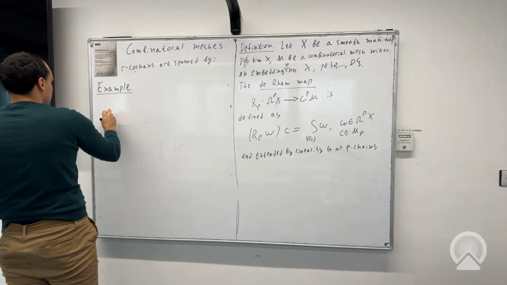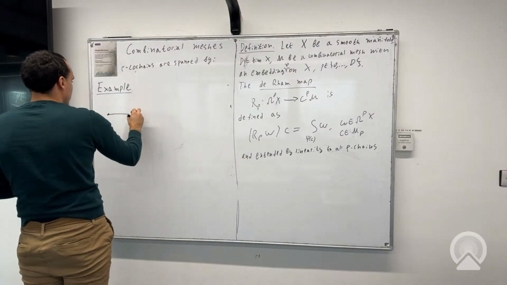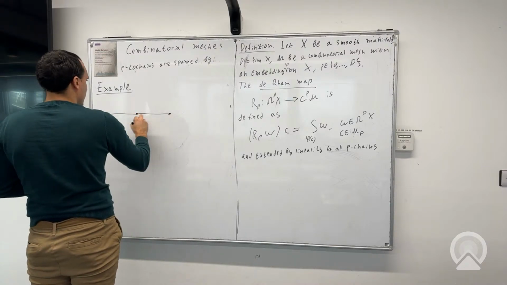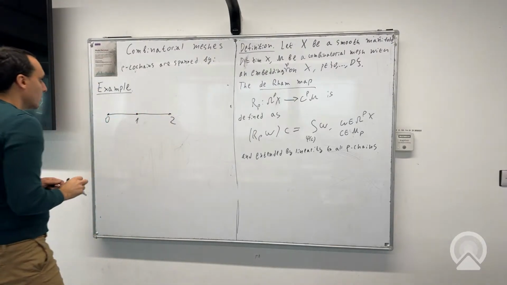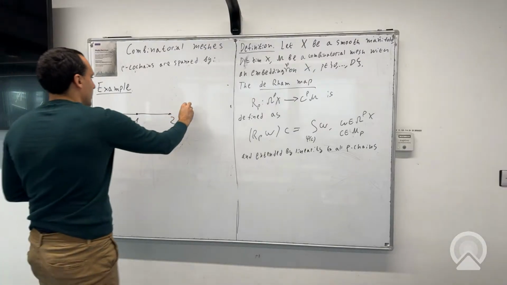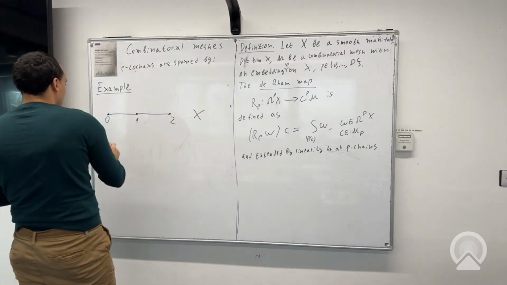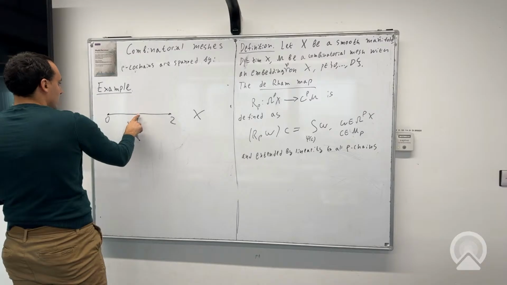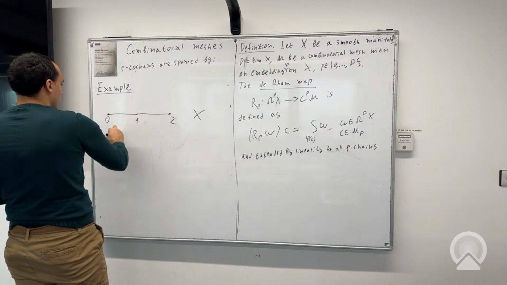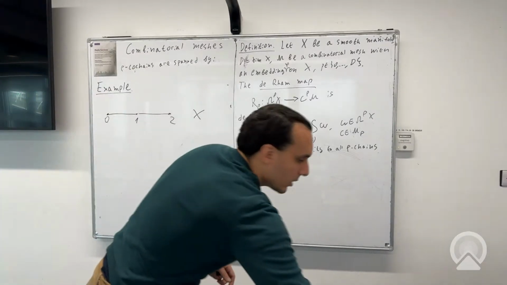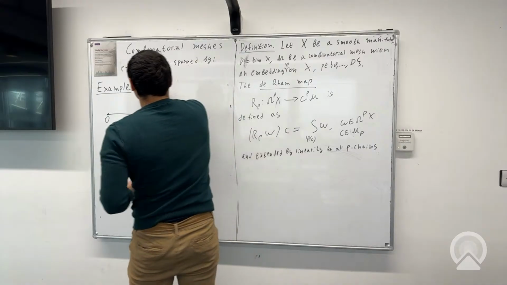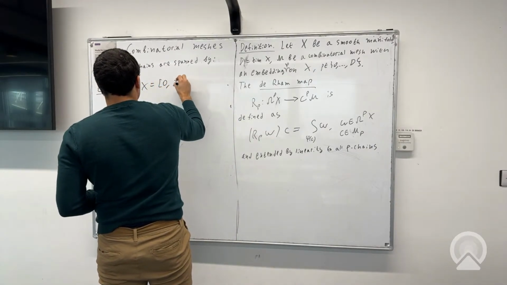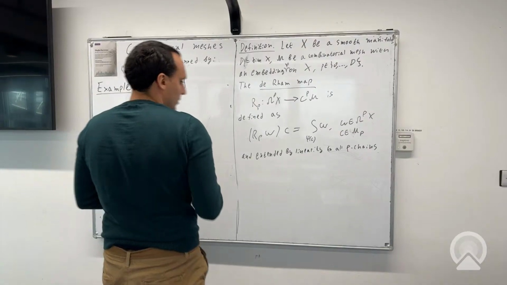So we have 0, 1, 2. So this is X. X is the interval from 0 to 2, maybe.